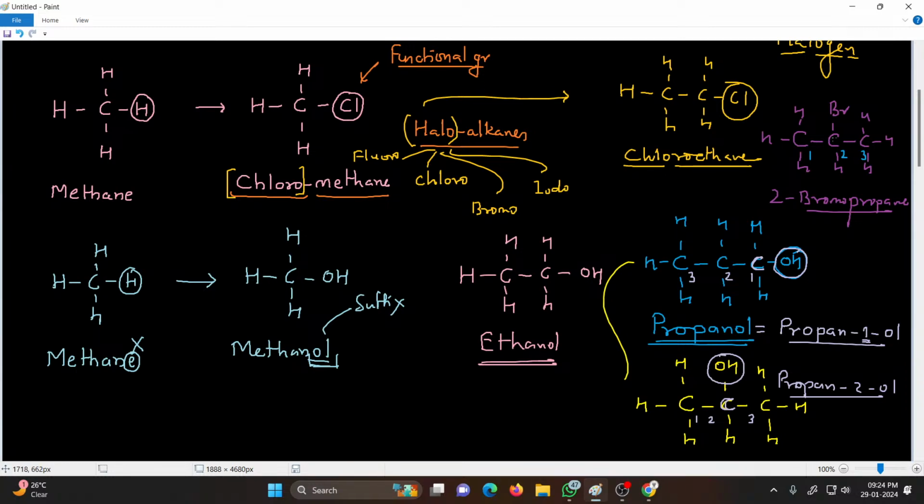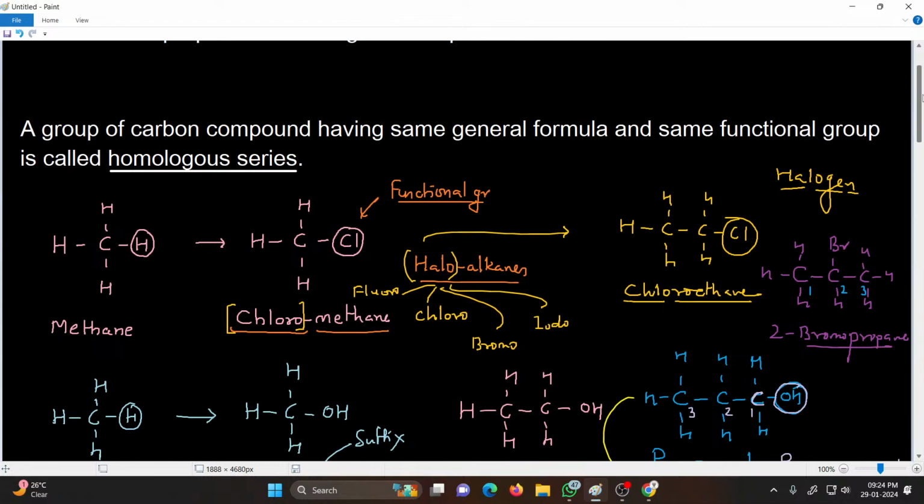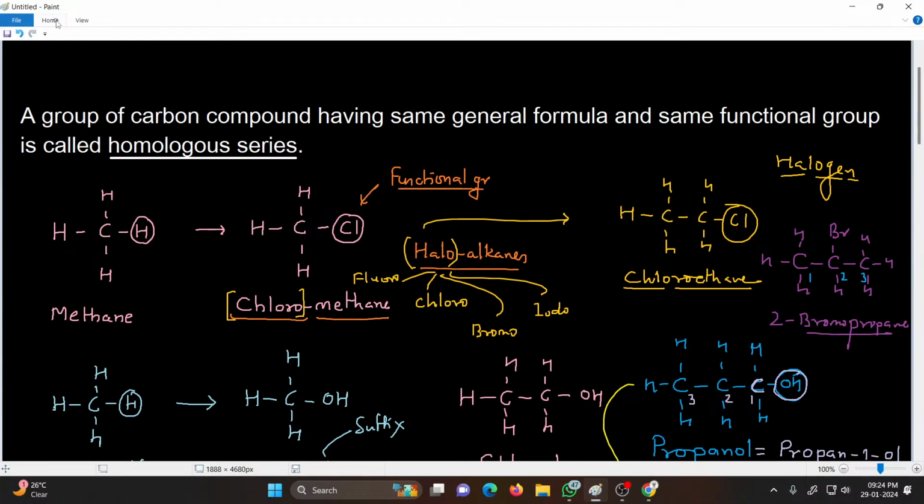In case of halogen, one more thing can occur. That means there can be multiple halo groups attached, like here a chlorine is attached, let us say, then another chlorine is attached here, so there can be 2 chlorines like this. So in that case, again we will number the carbon atoms and name it accordingly.